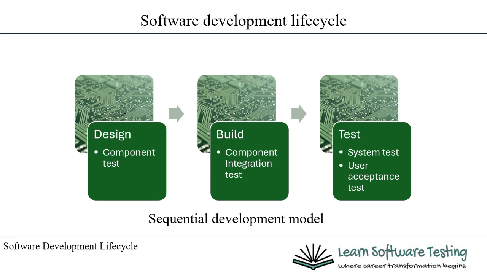And then the last final test is user acceptance test. For the user acceptance test, testing is carried out from a business perspective to ensure that the system is ready before it's deployed to a live environment.